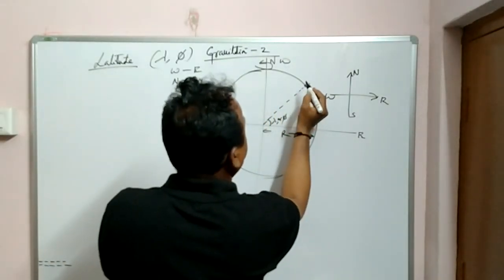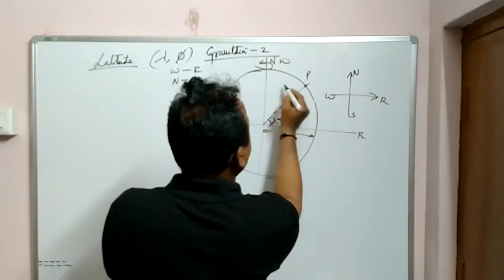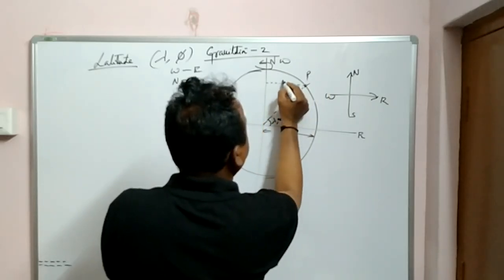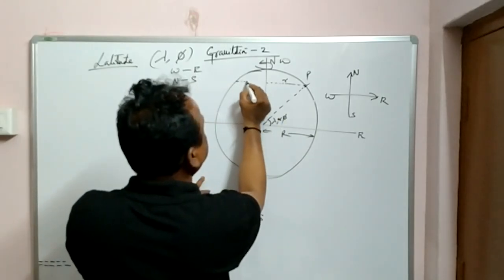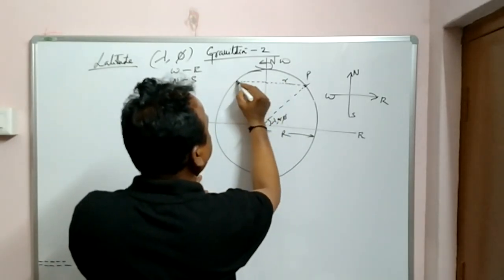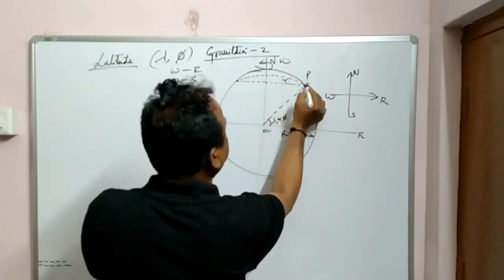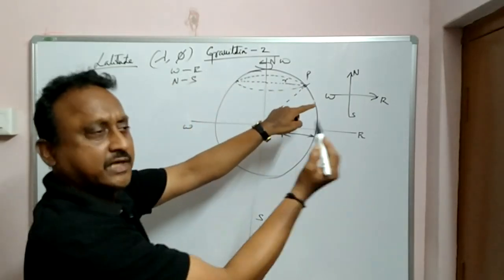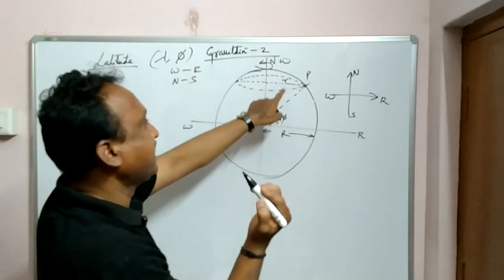At this point P, suppose we draw another line. Now the new radius is smaller. At this point the body is rotating in a circle of radius r.